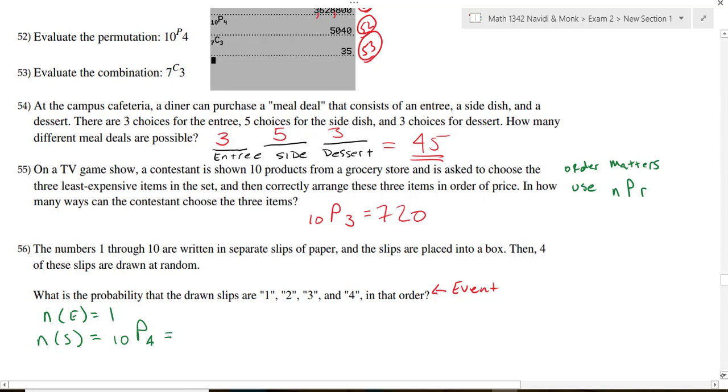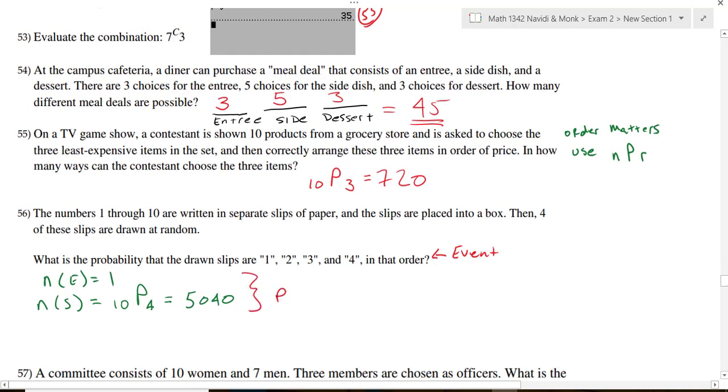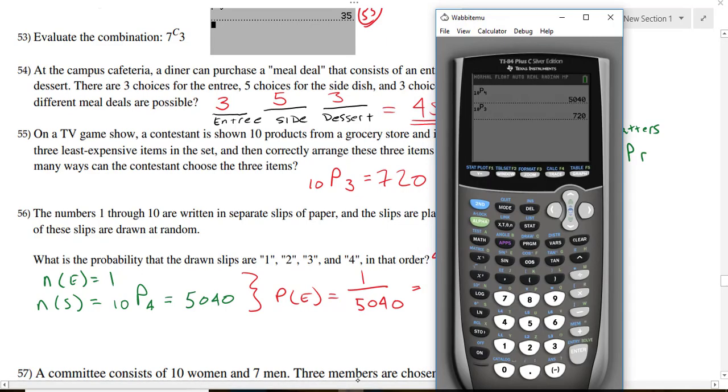That was on number 52. Putting this together, the probability of my event is equal to the number of elements in my event divided by the number of elements in my sample space, and this is going to be equal to, if you put it in your calculator, 0.000198.